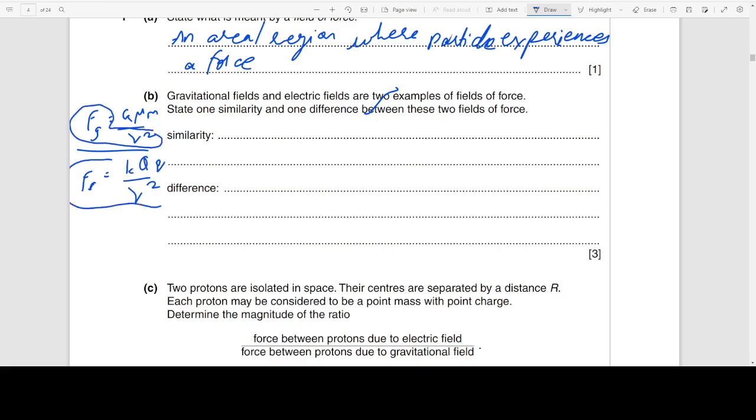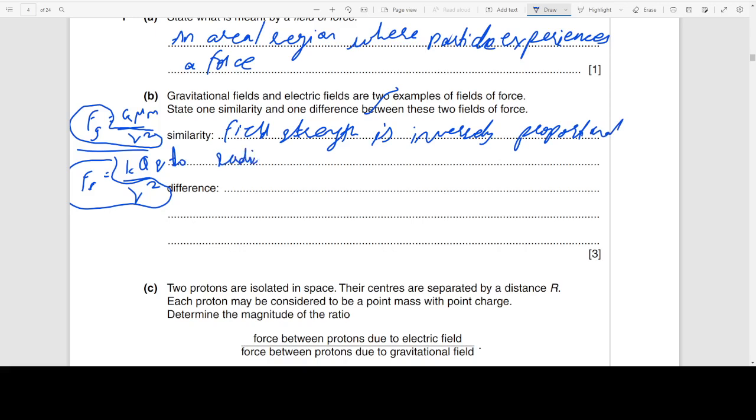Both the forces are inversely proportional to the square of the radius, and the similar thing applies for fields. So you can say that the field strength is inversely proportional to radius square, which is r square.